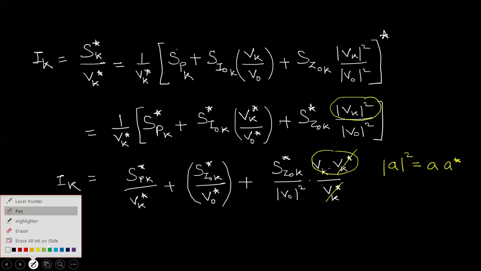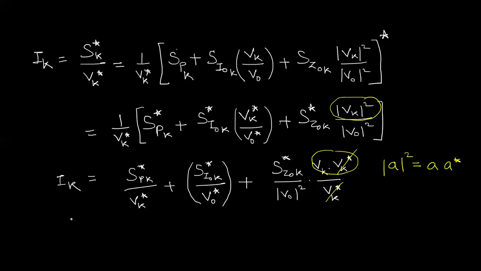Okay, that is good. And let us see where the non-linearity comes into the picture. We are looking at non-linearity between ik and vk. The first term has vk conjugate in the denominator, so there is a non-linearity term. The second term is a constant term because it depends on the given load power of the constant current part and V naught.